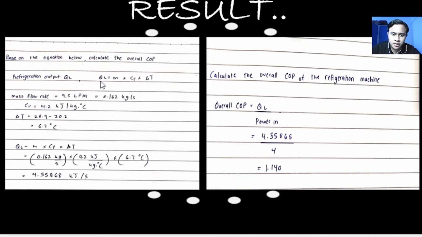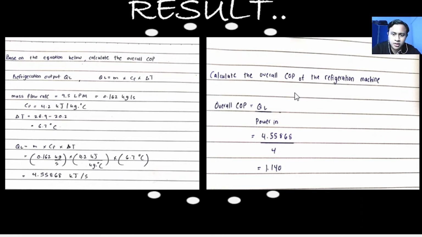The formula is M times Cp times delta T. M is the mass flow rate, which we get from the machine as 9.5 rpm, and we convert it to kg per second and get 0.162 kilogram per second, and the Cp that we get is 4.2, and the temperature difference is 6.7 degrees Celsius. So we enter the value into the formula and we get the answer of 4.5586 kilojoule per second.